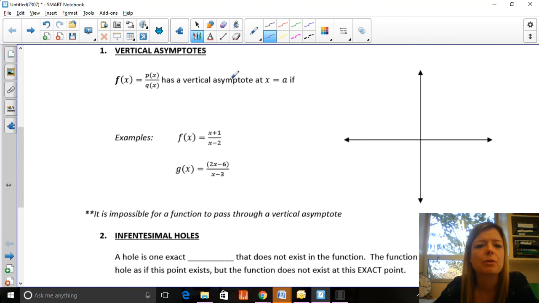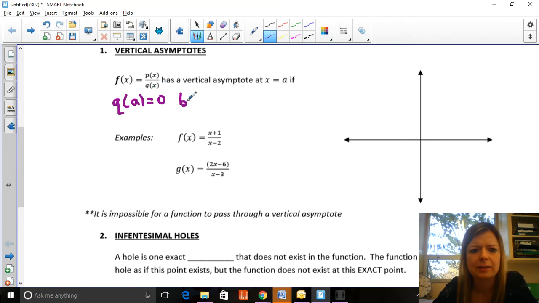A vertical asymptote will happen at x equals a if q(a) equals 0, in other words, that x value makes the denominator 0, but p(a) does not equal 0. The denominator is 0, but the numerator can't be.